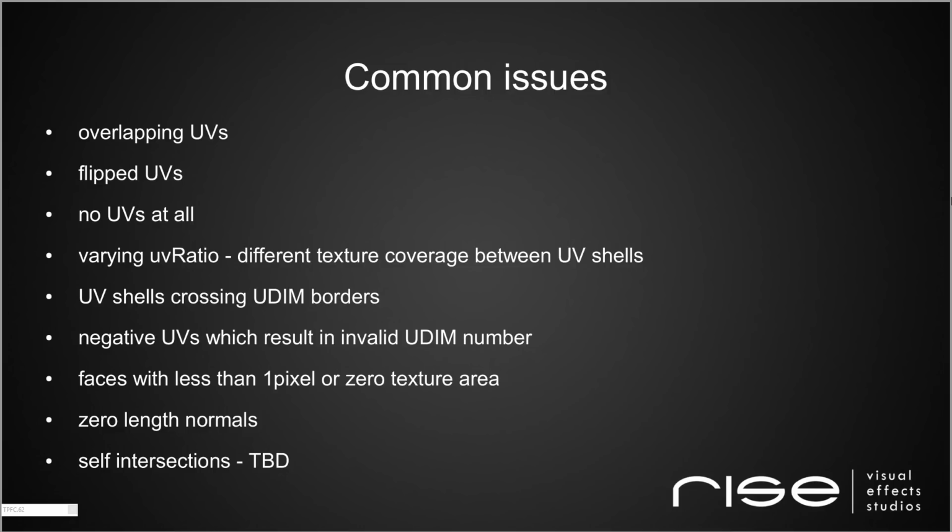Most of the time you have overlapping UVs. Even though the other program, which I'm not going to name, has a feature that tells you in the texture editor if you have overlapping UVs, artists might not look at it or might just not see it.